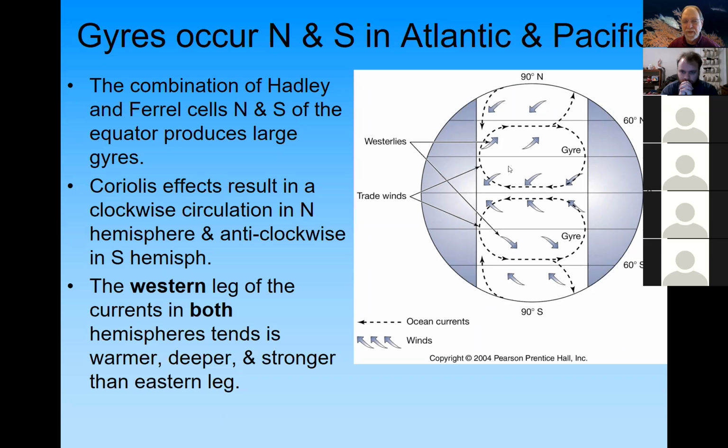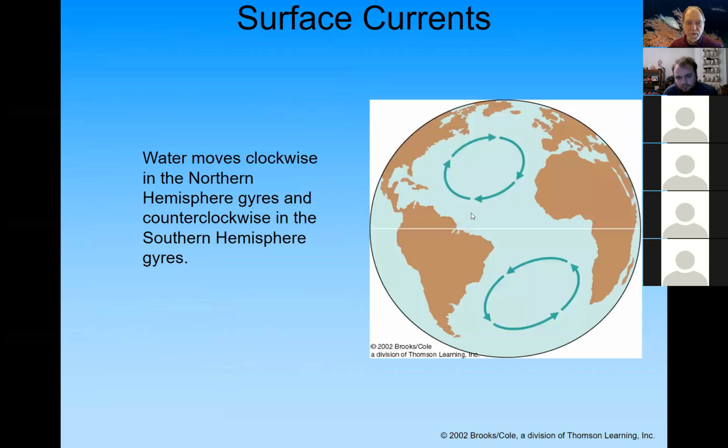And this general trend is called the western acceleration, western intensification. And this sets in motion surface currents that we can see in all of the oceans.